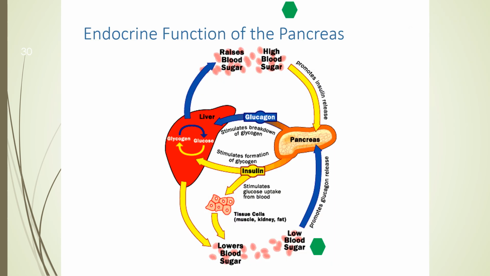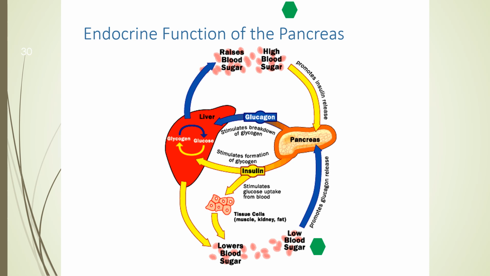Normal blood sugar regulation. So after eating carbohydrates, they break down into glucose, which is the primary energy source for our cells, especially the brain. As glucose levels rise in the bloodstream after a meal, the pancreas releases insulin, that hormone that helps to regulate blood sugar.